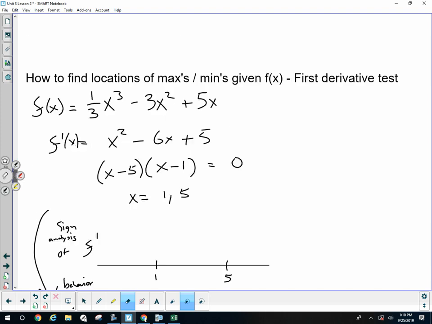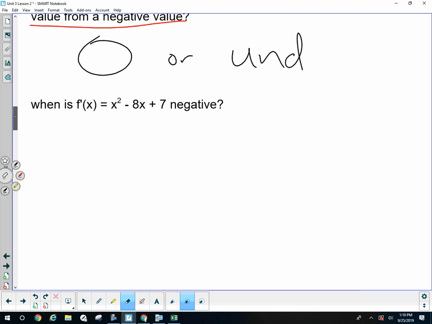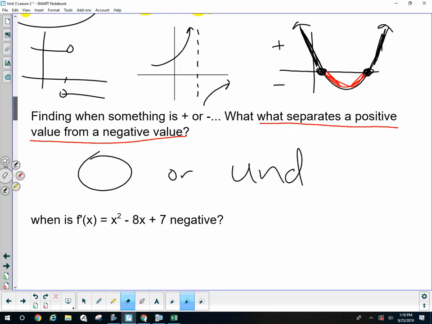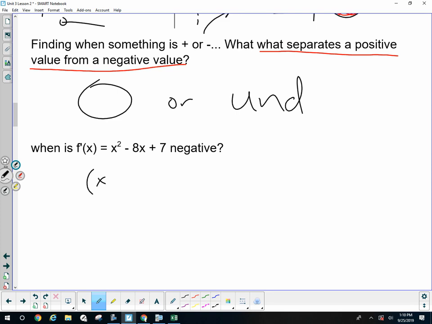Well, if I know the zeros of all the points of a function, I will know that in between or outside of those zeros, all of my points are positive or negative. So I will start by finding the zeros. Let's go back.